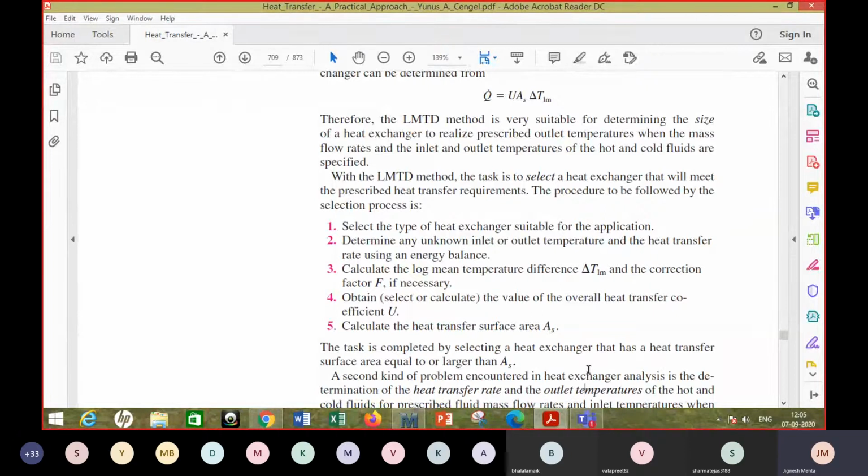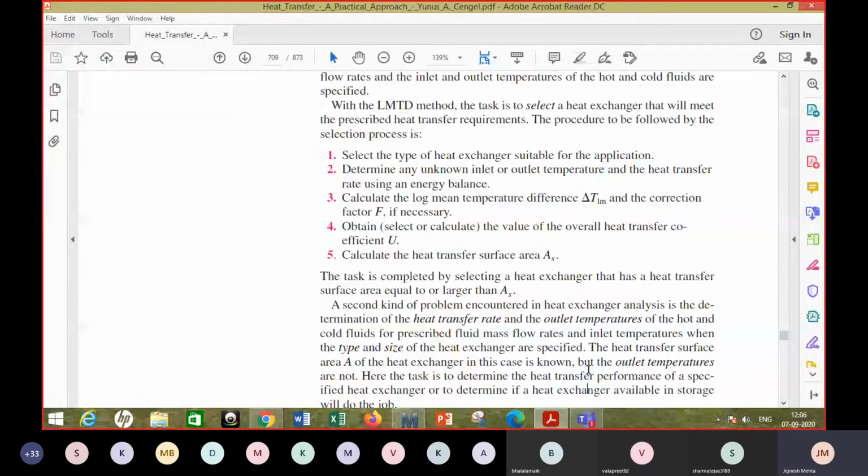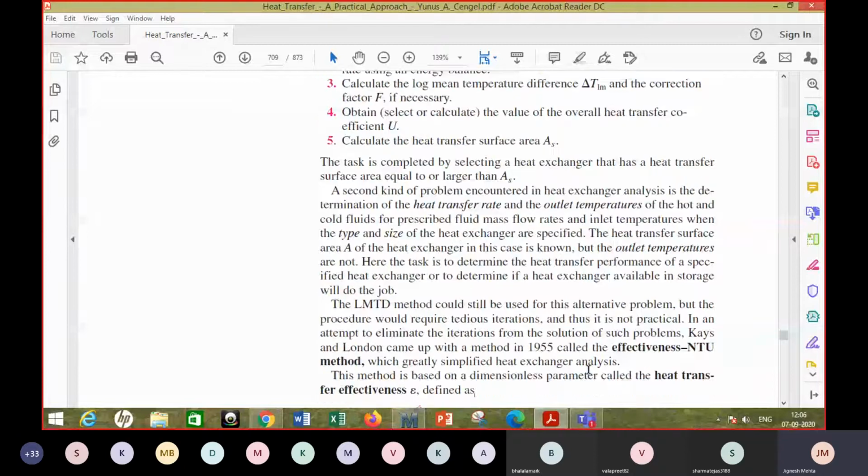Only then can you find the LMTD, and then the method is straightforward and you can get the area, etc. But if all four are not available or cannot be found beforehand, then this process may become iterative. In place of that, if you use the effectiveness-NTU method, it can make the solution simpler.